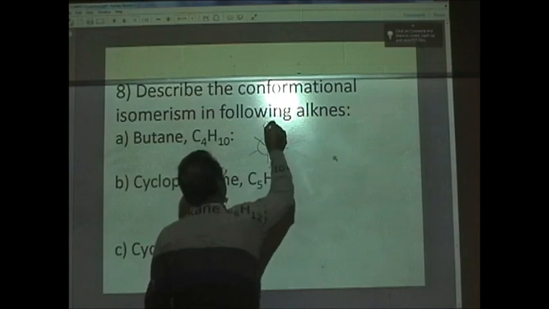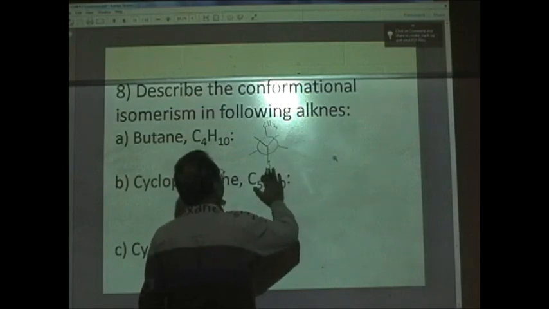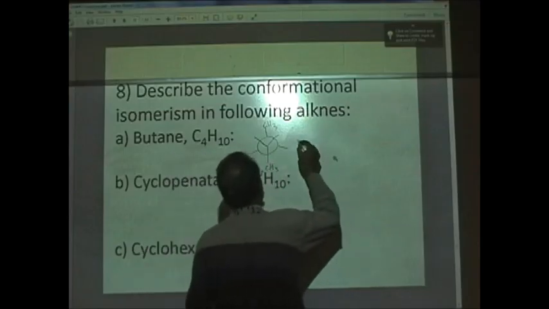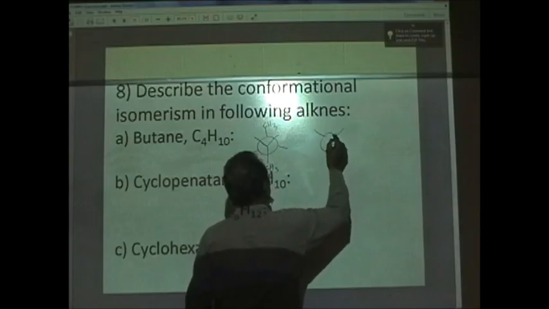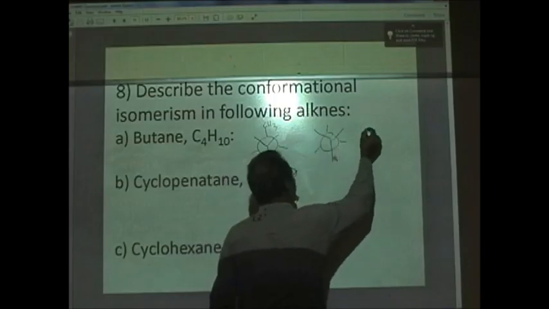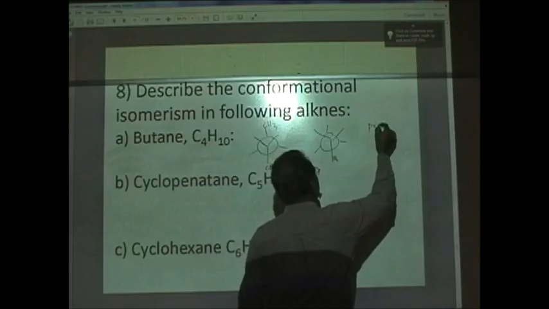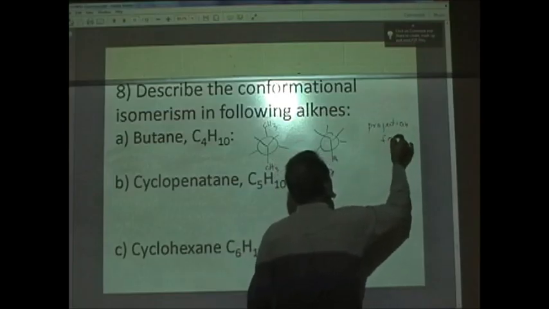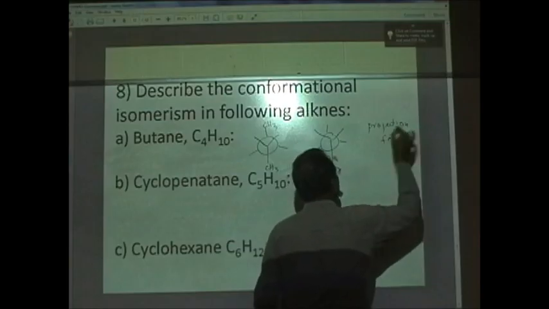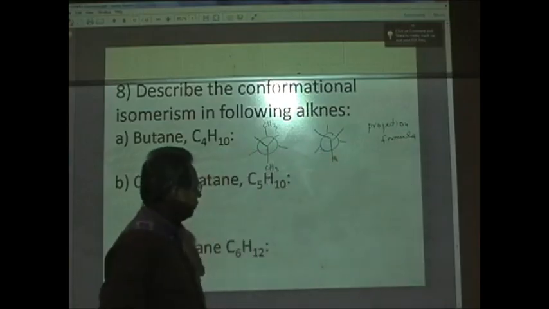Okay, this is staggered. And this is called projection formula. I think it's called Fisher projection.